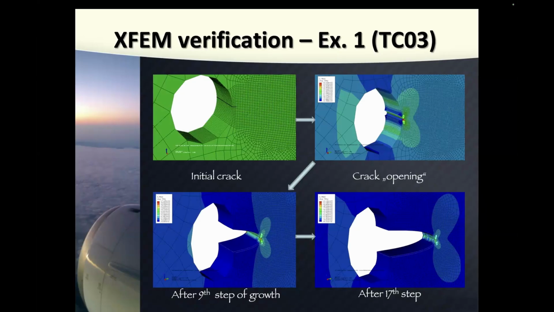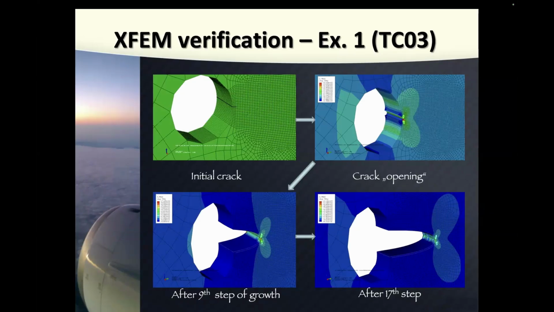And you can see here, it goes through the elements, and you can position that wherever you want, between the elements or through the element, it should work, okay? And you can see this is crack opening here, then crack after 9 steps, so 1, 2, 3, 4, 5 steps of growth, which again can be done manually or automatically, okay?